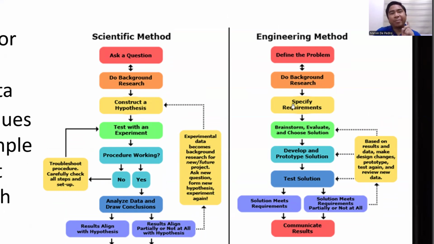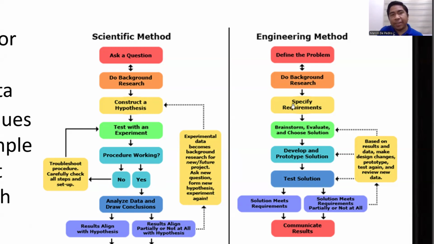So in scientific method, we start by asking a question, we do the background research, and then we construct a hypothesis. So this is where statistics comes in, because normally statistics is a key part of conducting hypothesis testing, especially inferential statistics.